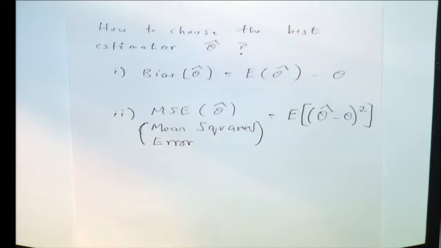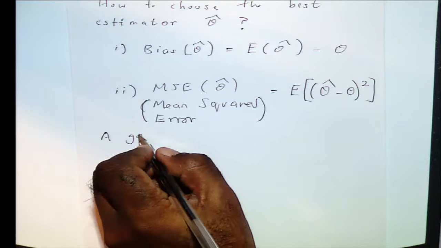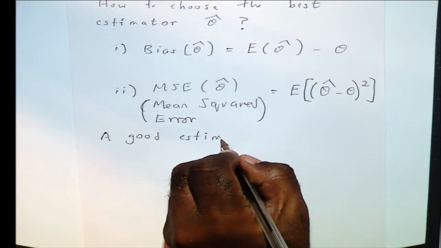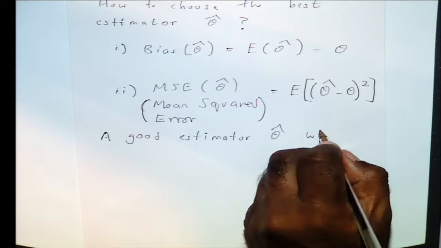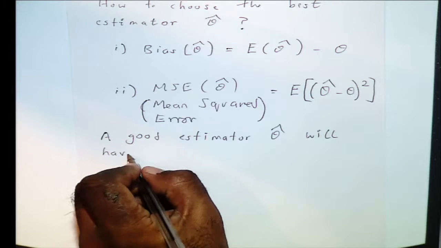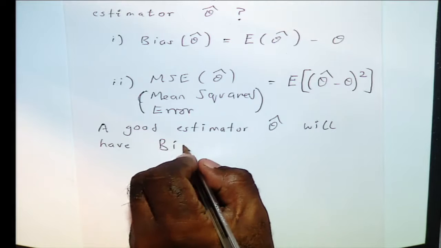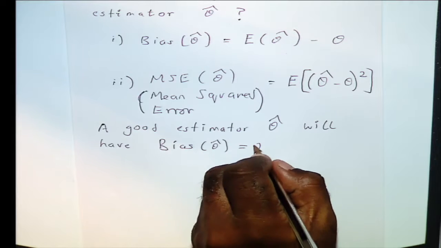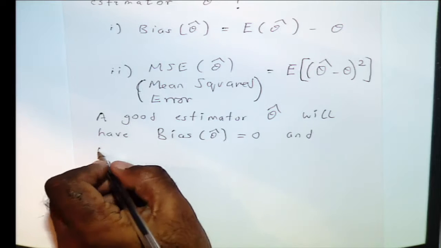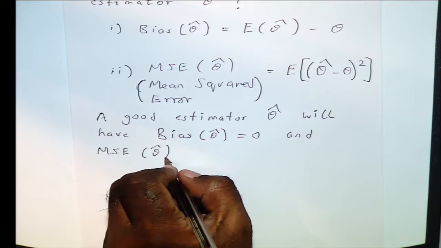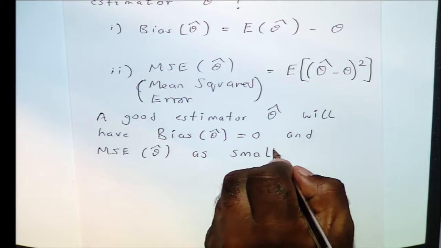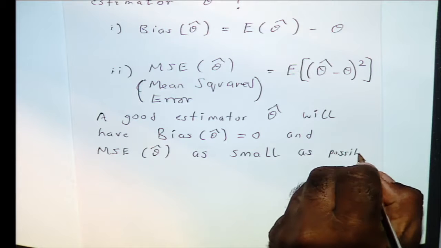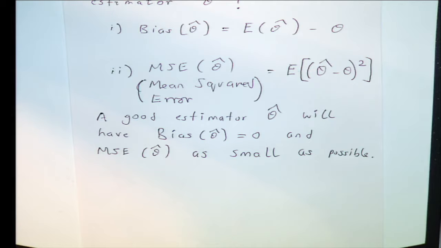So a good estimator will have the bias of theta hat equal to 0 and the MSE of theta hat as small as possible, right?